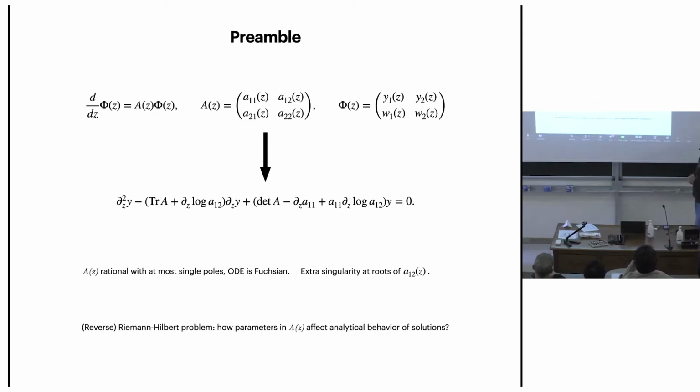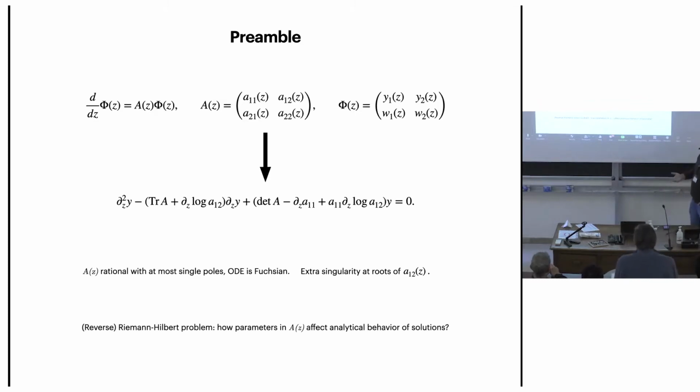And you can see the differential equation has this generic structure given in the second line. It's a second order Fuchsian differential equation if A has at most single poles. But you see that the differential equation has not only the singular points associated to A itself, but also the zeros of the 1-2 entry of the matrix A. This comes about exactly from this term over here and that term over there.